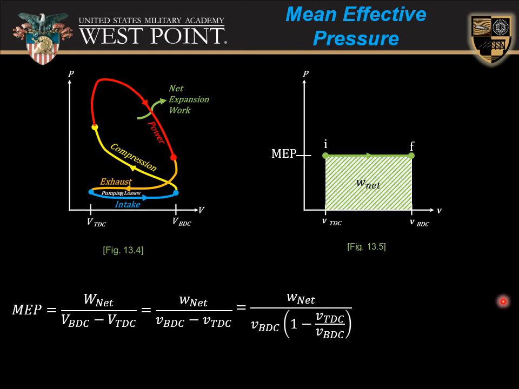And knowing my relations previously between volume at bottom dead center and volume at top dead center, I could rewrite this as my specific net work divided by my specific volume at bottom dead center times 1 minus the ratio of the volume top dead center to the volume bottom dead center. Well, this ratio should look familiar. It's 1 over the compression ratio. And this is equation 13.5 in your text.